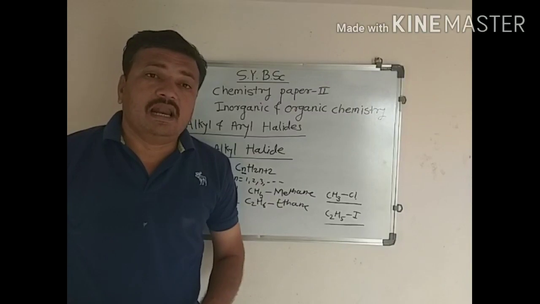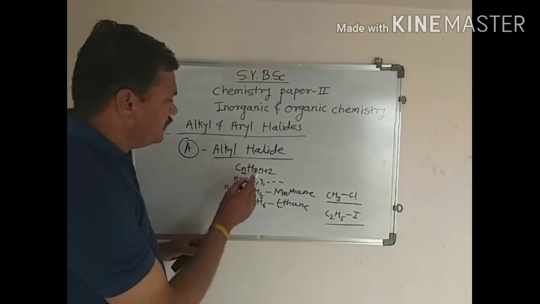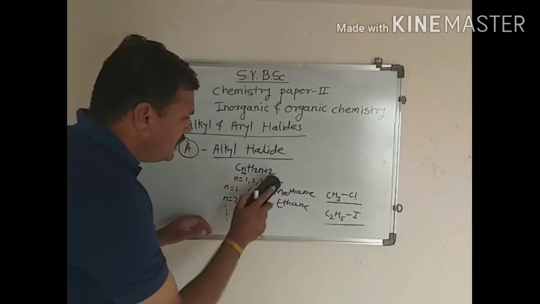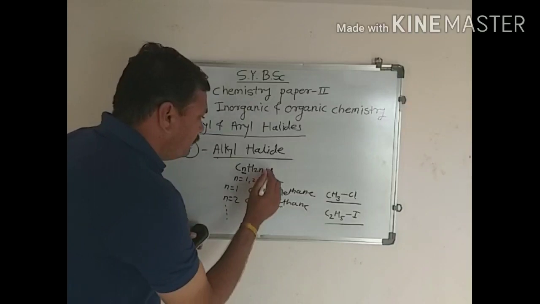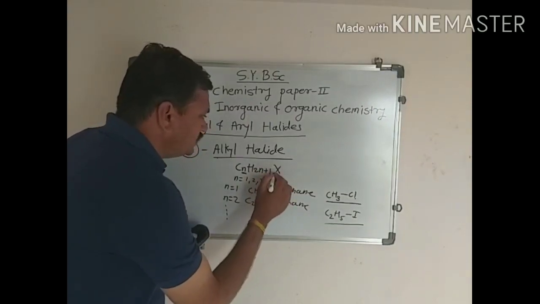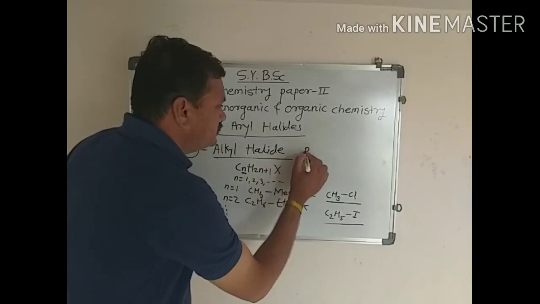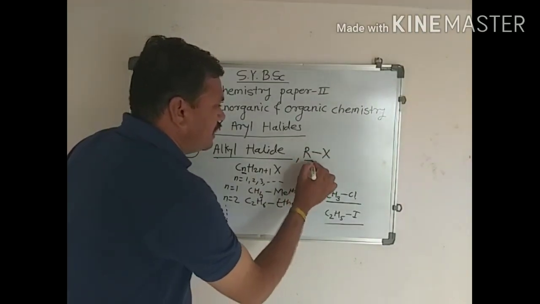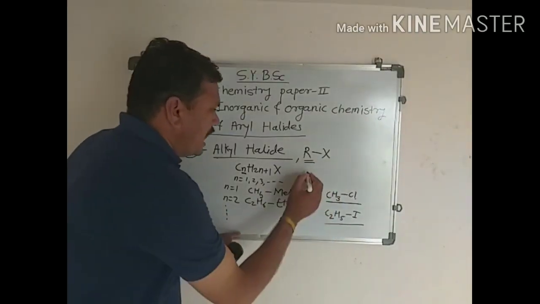Therefore, the alkyl halides are nothing but the monohalogen derivatives of alkanes, when one of the hydrogen atoms in alkane is replaced by halogen atom. Therefore, alkyl halides are represented as RX, where R is an alkyl group and X is halogen.